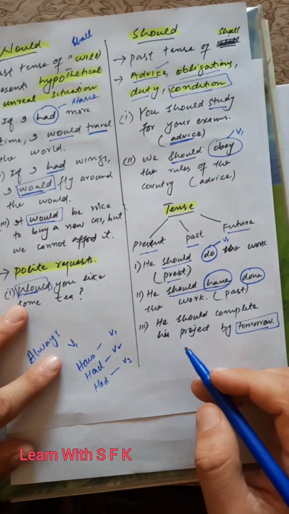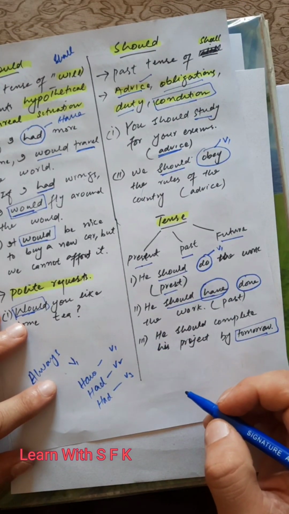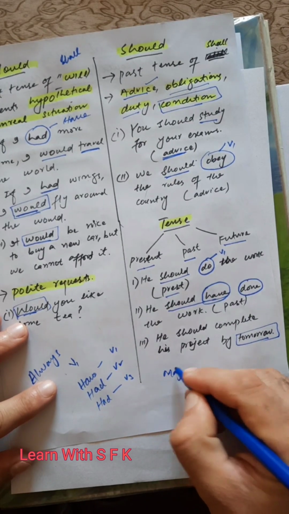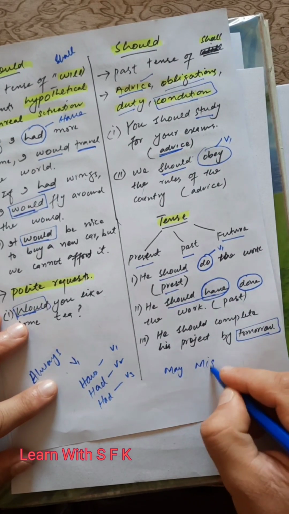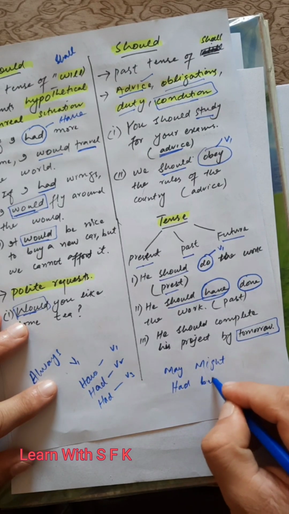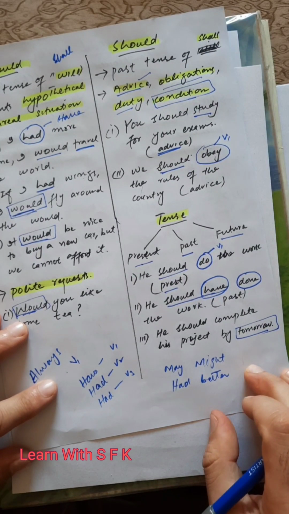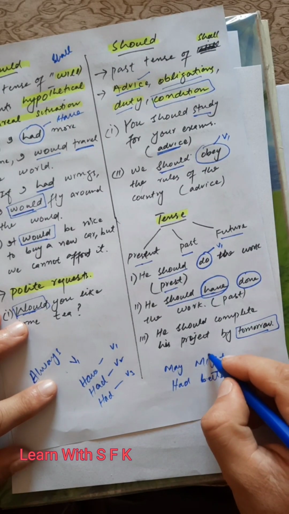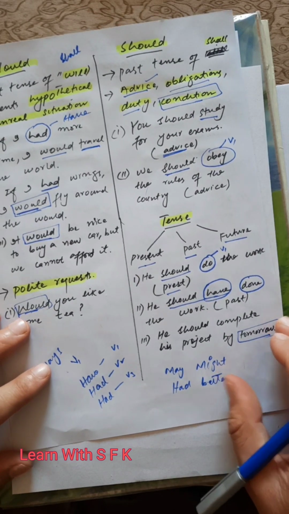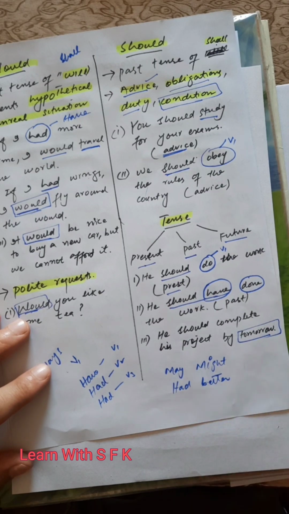Inshallah, in the next lectures, we will also discuss some other important modal verbs like may, might, or had better. These are all modal verbs, and they always take the V1 form. So in the next lecture we will discuss some other modal verbs and their important uses.